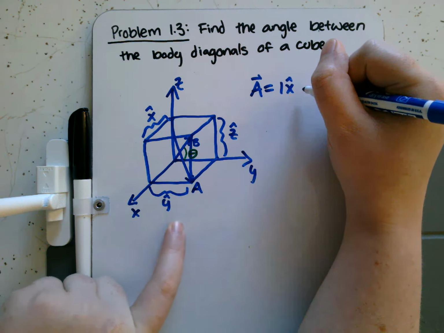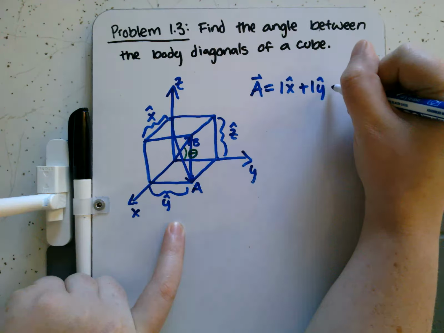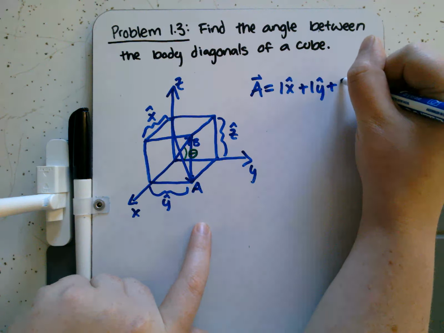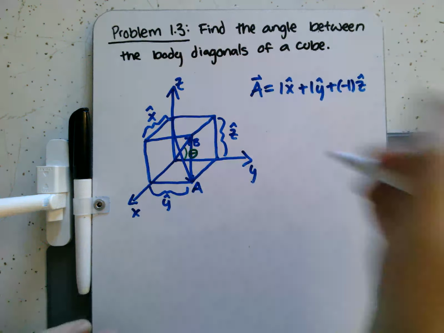It's moved a positive 1 Y hat. And lastly, it is moved down, so this is going to be negative 1 in the Z hat direction.